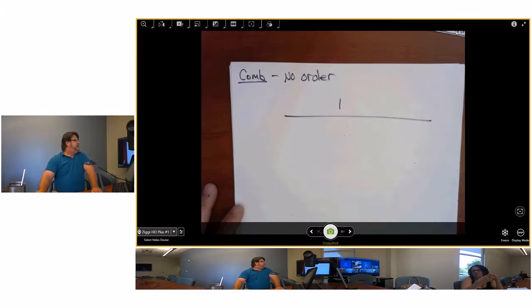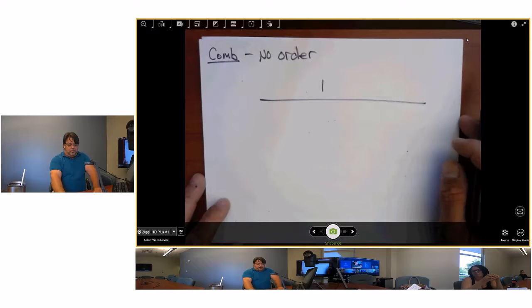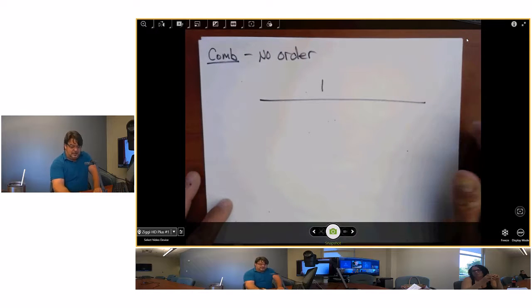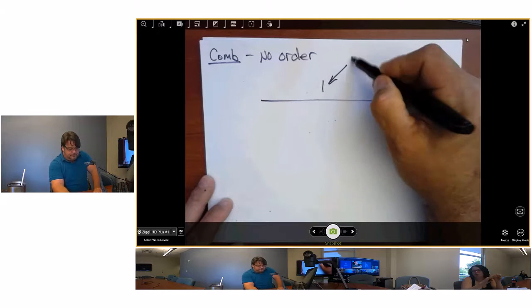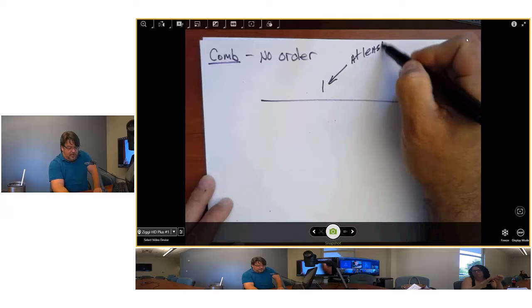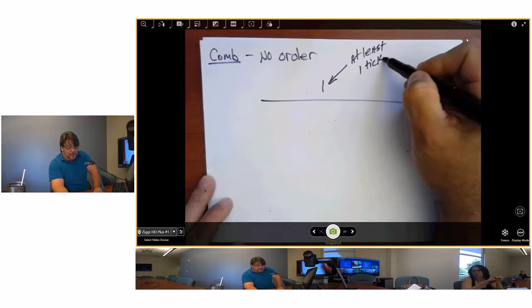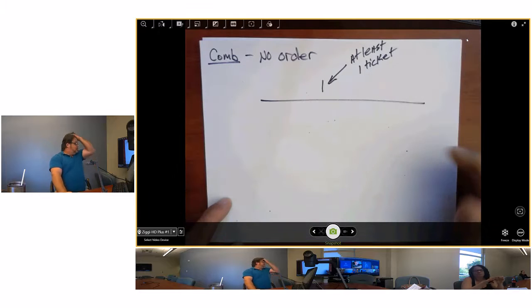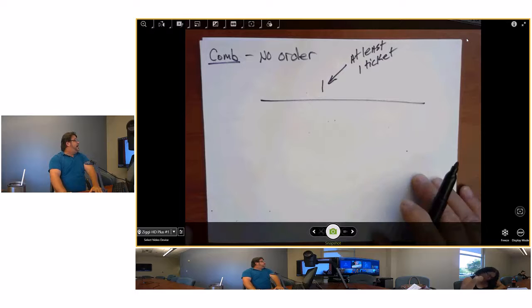Now this is a big thing with the homework and the test. If it asks you what is your probability of winning, it assumes that you're buying at least what? 1. And if you don't put that 1 up there, guess what? You get it wrong. If you don't buy at least 1 ticket and you don't put that 1 in the denominator, then you're going to whine and cry because you got it wrong.